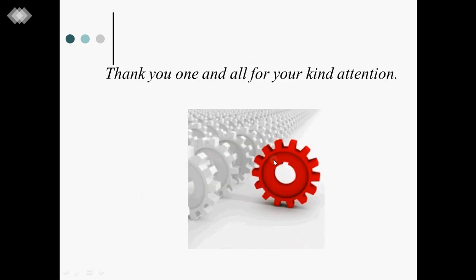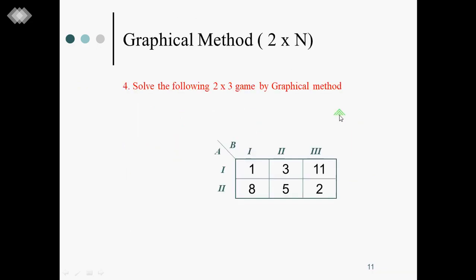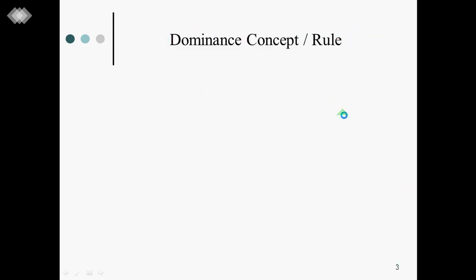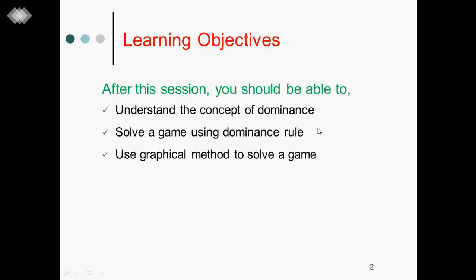I take this opportunity to thank you one and all for your kind attention, and let us recall the objectives of the session, whether we have attained the outcomes or not. After this session, we should be able to understand the concept of dominance very clearly.